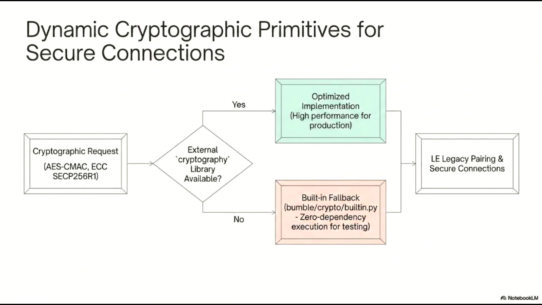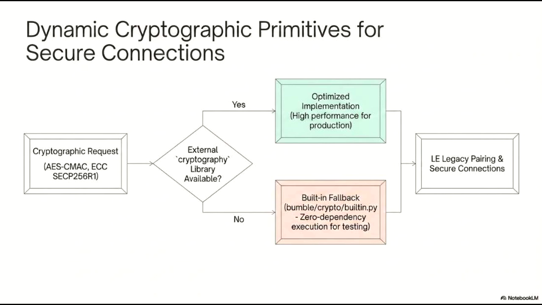This slide illustrates how we manage dynamic cryptographic primitives to ensure secure connections. When a cryptographic request is initiated, such as for AES CMAC or ECC SECP 256R1, the system performs an automated check for the availability of an external cryptography library. If the library is present, the process utilizes an optimized implementation designed for high-performance production environments.